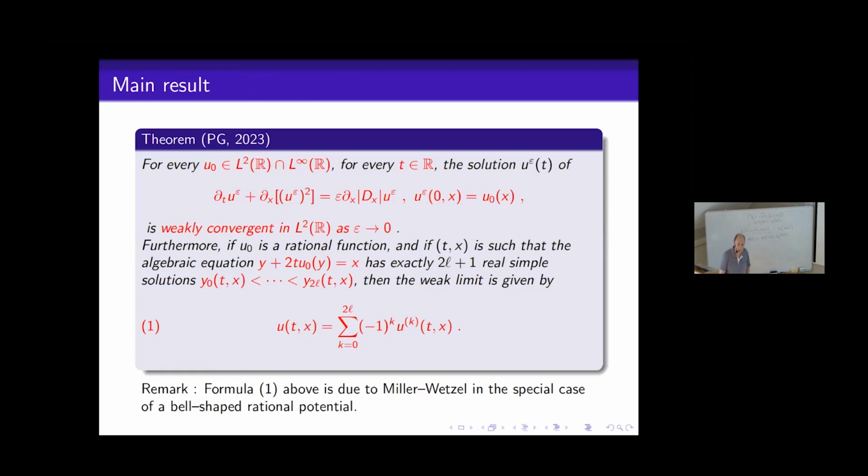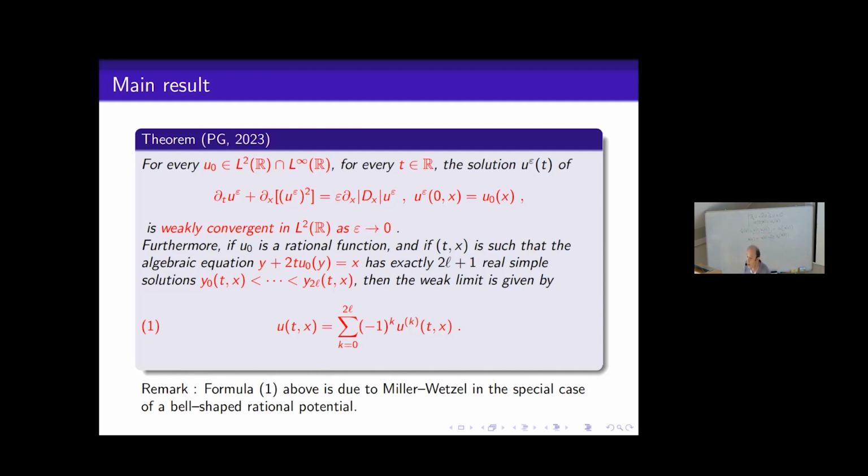So this is the main result. I take any function u0 in L2 and L infinity. So this is my initial data. I take that for every time t, the solution u epsilon, which depends on t, of this equation with this initial data and this epsilon dxx here, is weakly convergent in L2, which is already something.